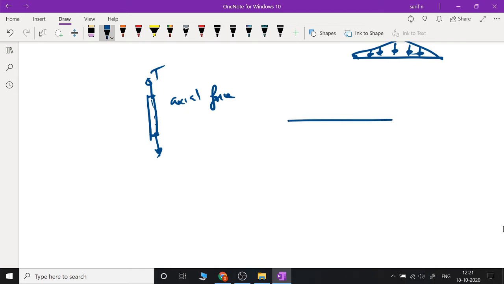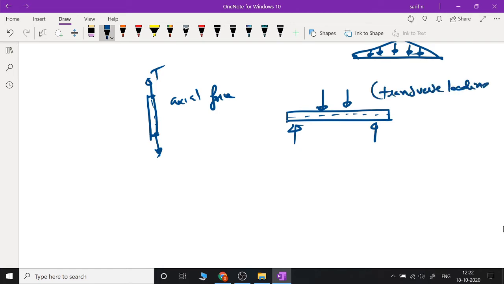Now if the force is applied to a member in a direction perpendicular to the longitudinal axis, you call this transverse loading. We have already studied in our engineering mechanics that beams are members which are subjected to transverse loading.